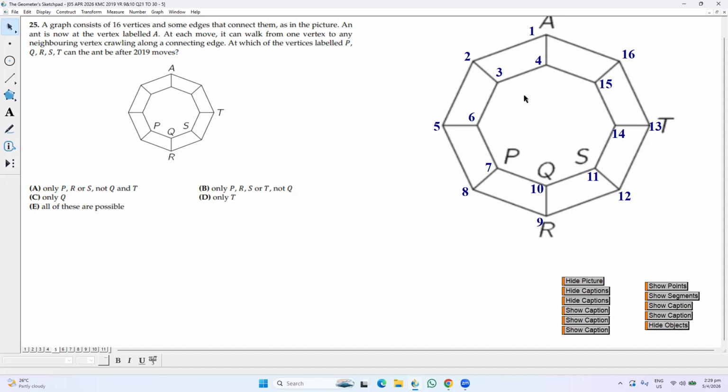This type of graph has one special name, called a bipartite graph. What is a bipartite graph? It has two sets of vertices. One set, you notice, are all the odd numbers I put. They never join to each other.